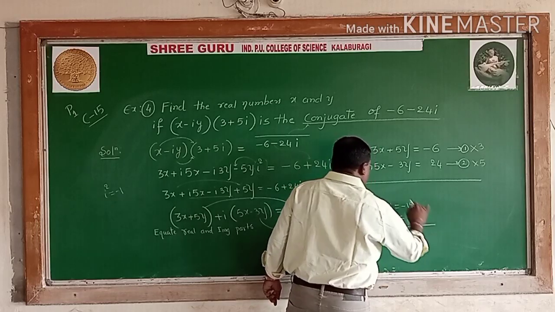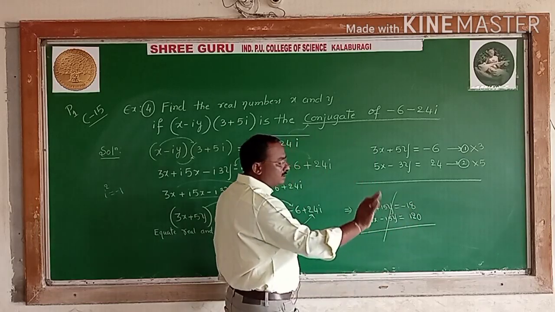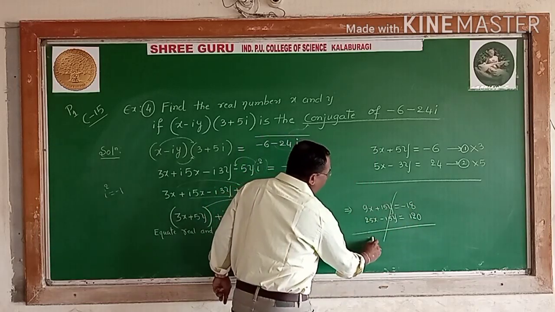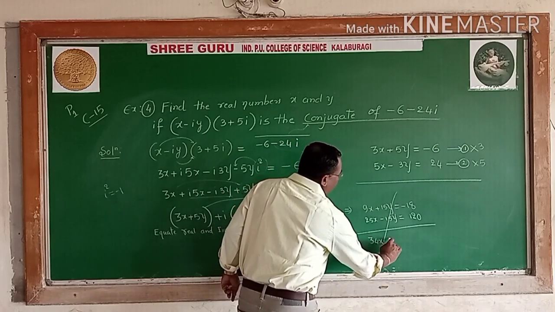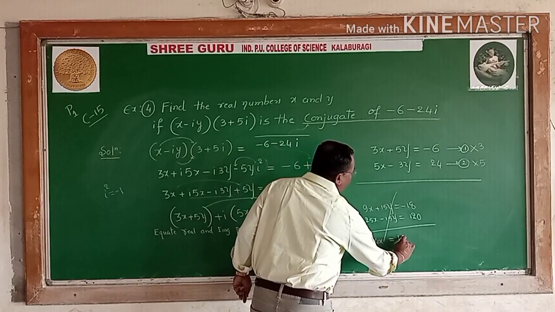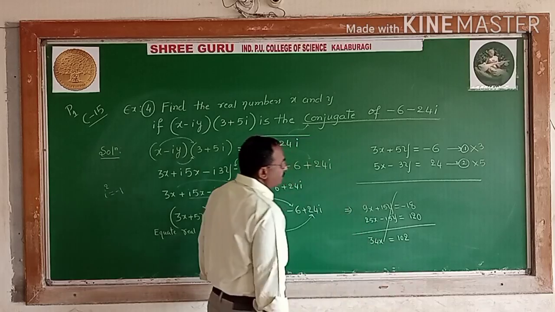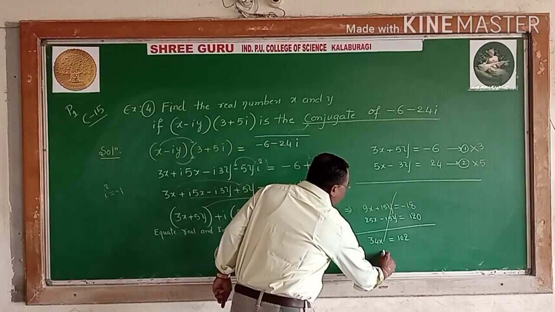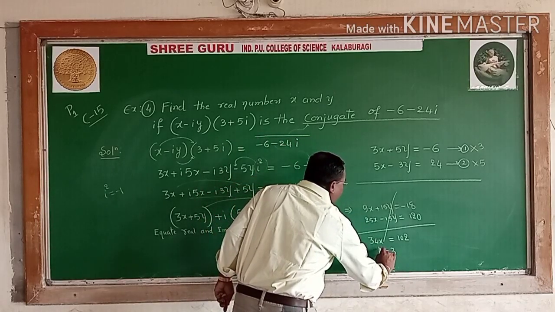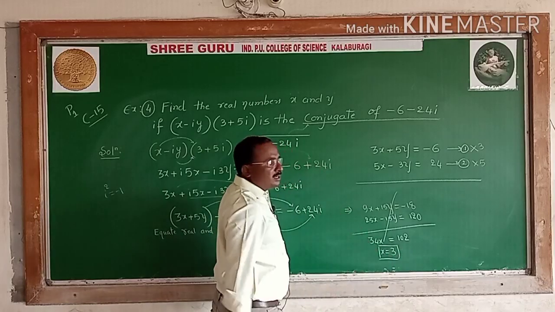Solve this one: positive and negative y get cancelled, x is present, so 34x is equal to 102, since 120 minus 18 is 102. x is equal to what? 3. The x value is 3.